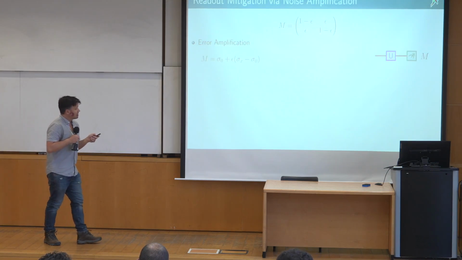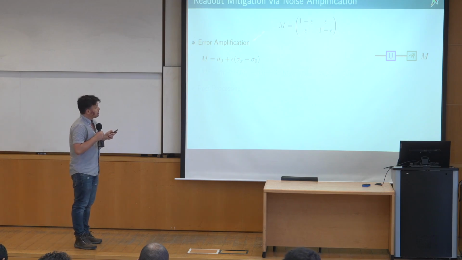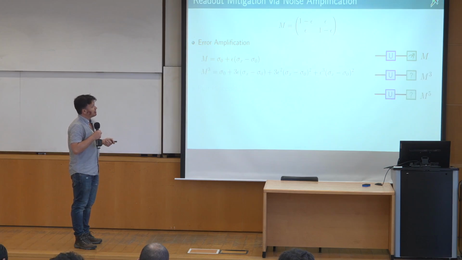So imagine, for instance, let's describe our M matrix in this symmetrical way, which is very simple. And suppose that we could somehow amplify this error by doing some type of measurement in which effectively the M matrix, we could amplify it, like the effect, like cubed or to the 5th, for instance.